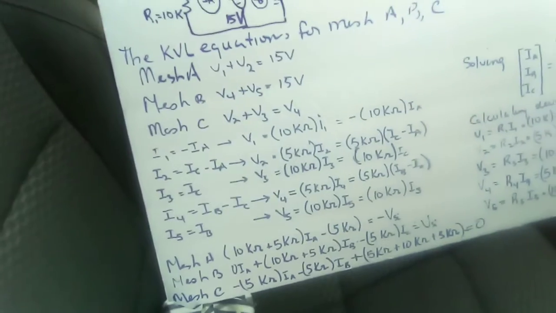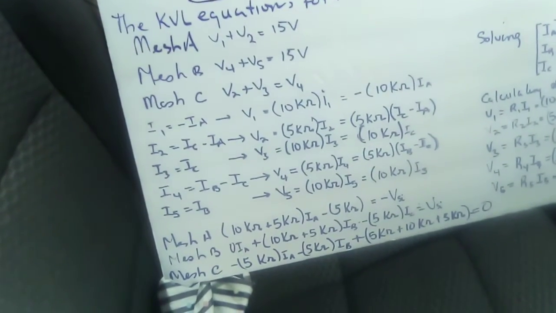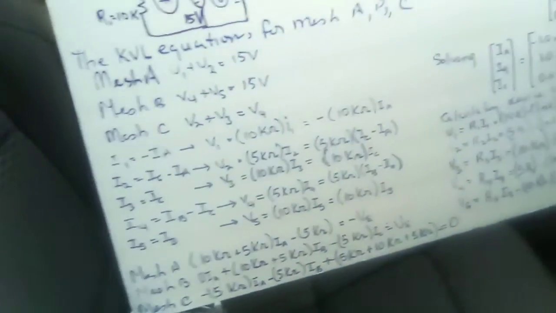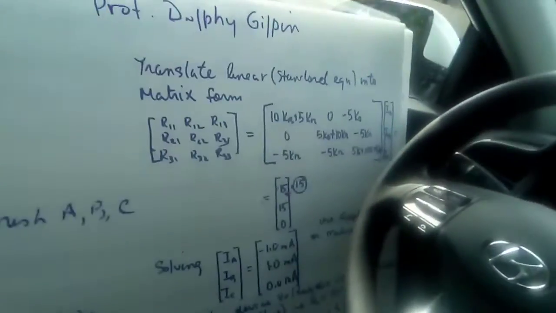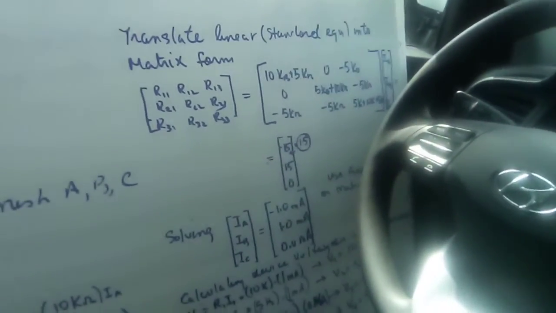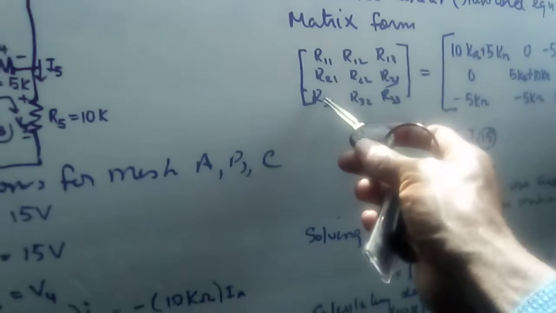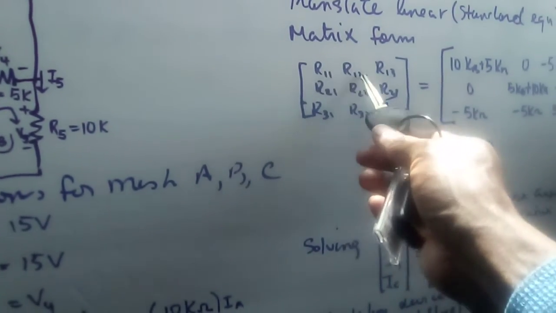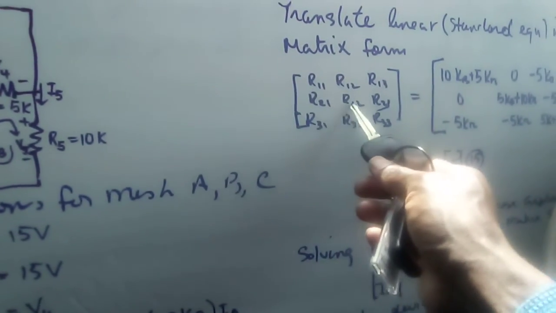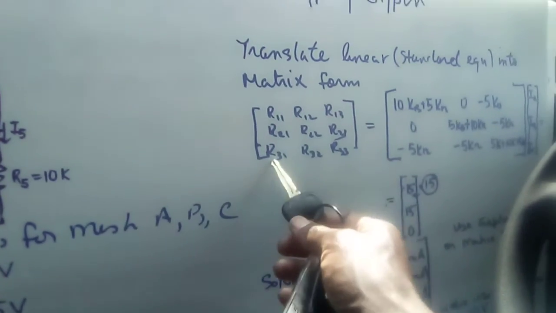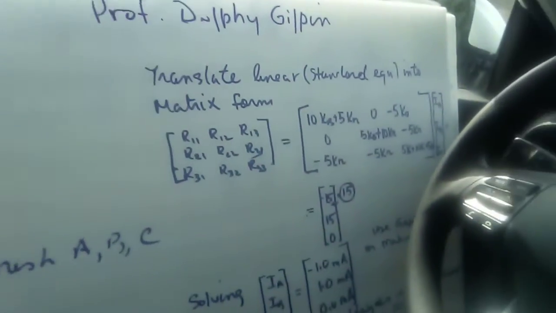And so we translate the linear standard now into the matrix form. And here we will show it more explicitly, the matrix form now. And we have R11, R12, R13, R21, R22, R23, R31, R32, and R33.